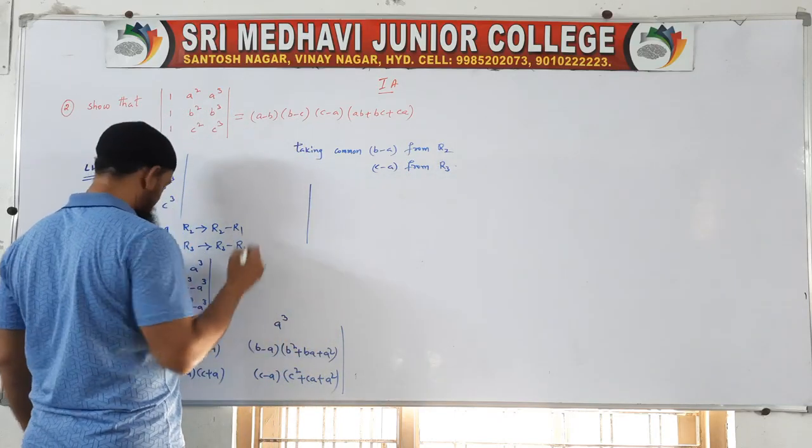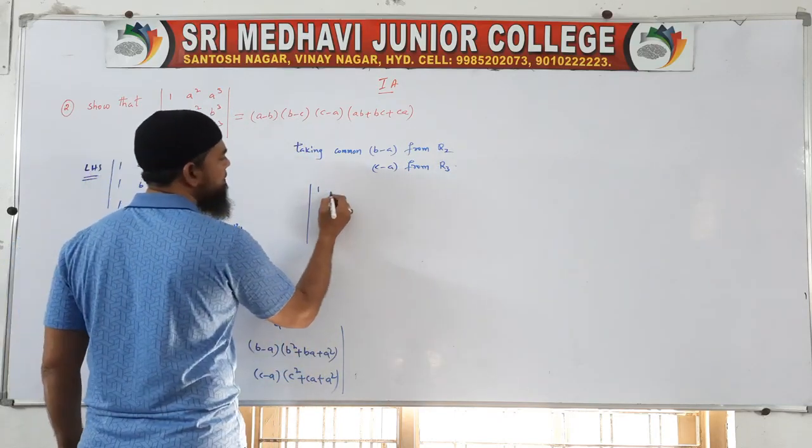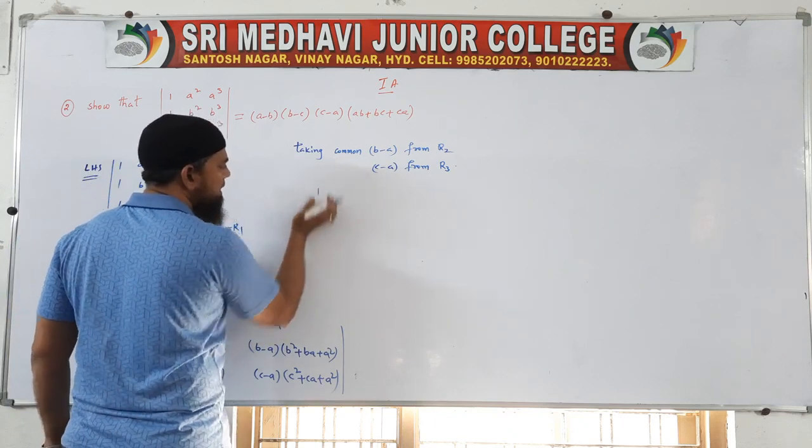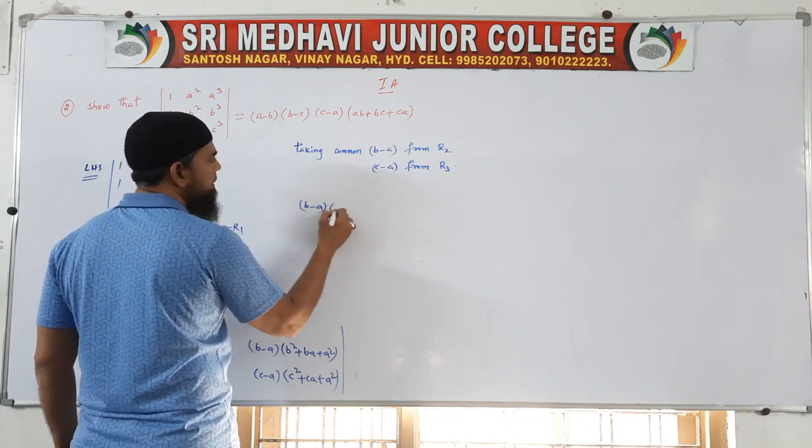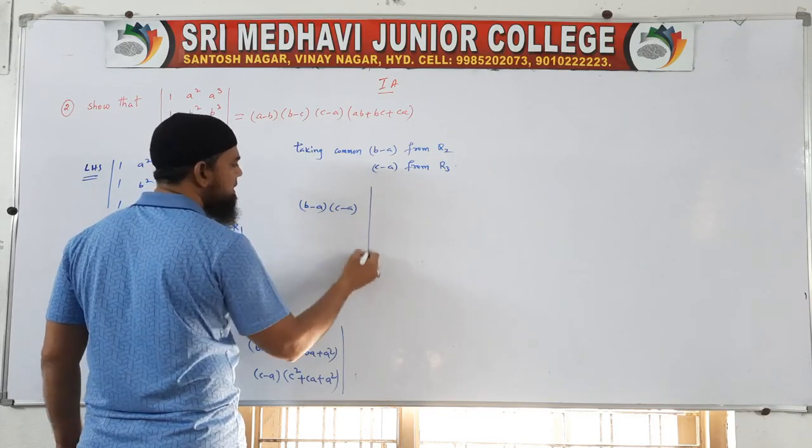So we write first b minus a, then c minus a, then the determinant.